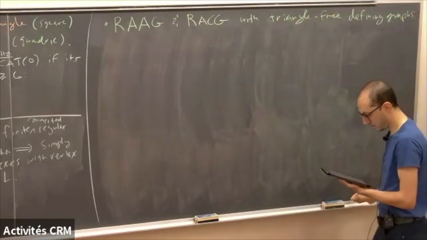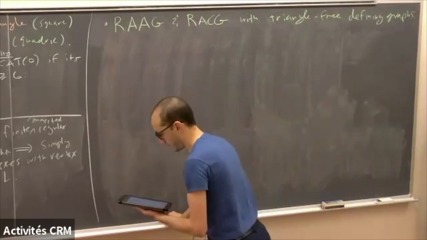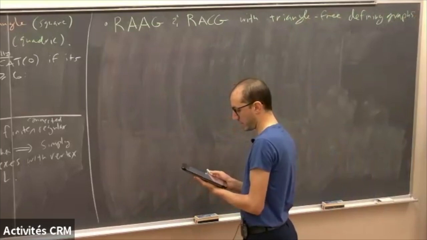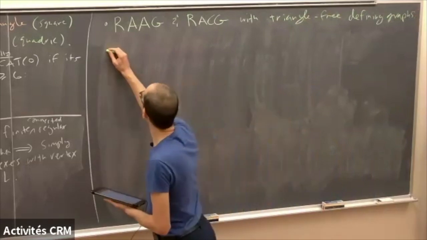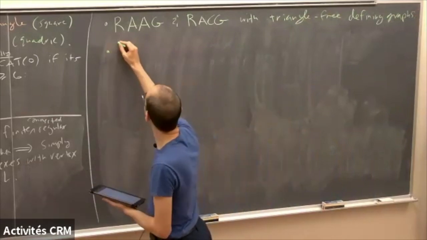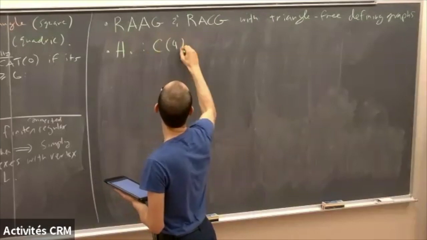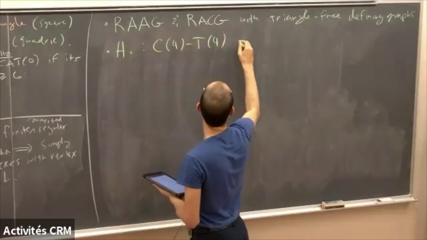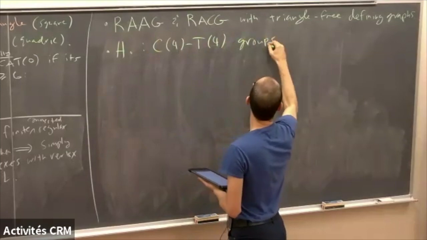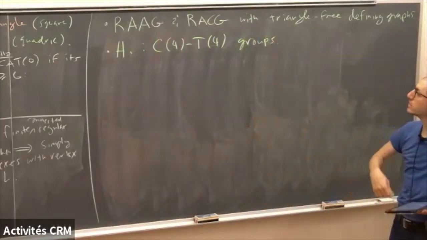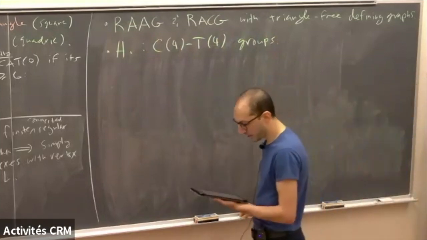You can check that those are all two-dimensional CAT(0) square complexes, or that they act on them. C(4)-T(4) groups: there is a method to turn a simply connected C(4)-T(4) complex into a quadric complex.